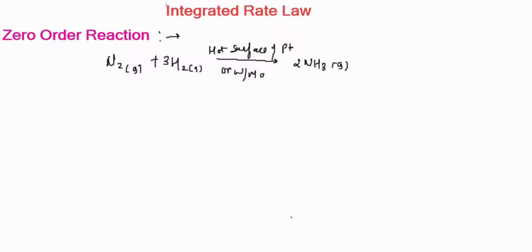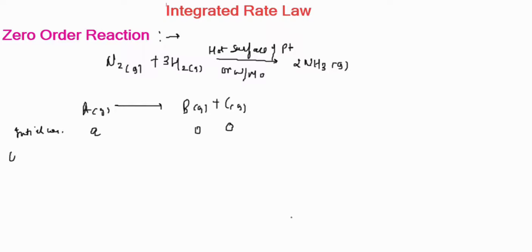Let's say a reaction we have A in gaseous state forms B in gaseous state plus C in gaseous state. The initial concentration of A is, let's say, small a, and B and C are not present in the initial condition.